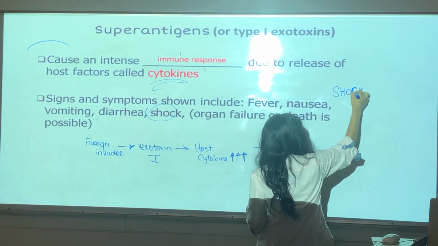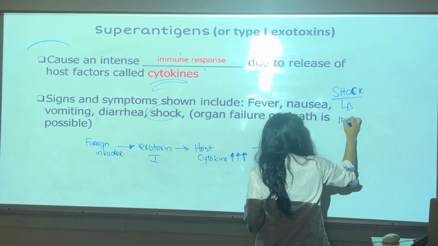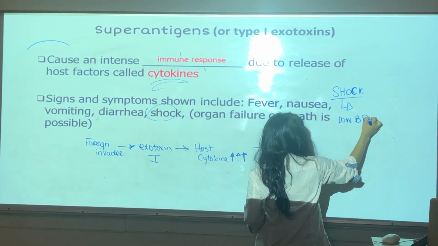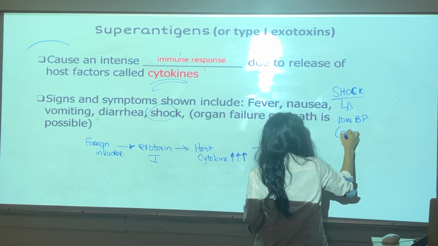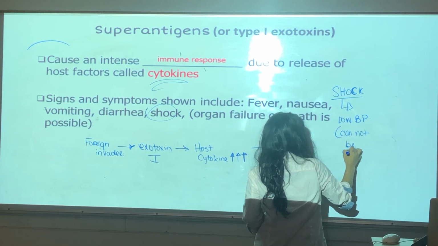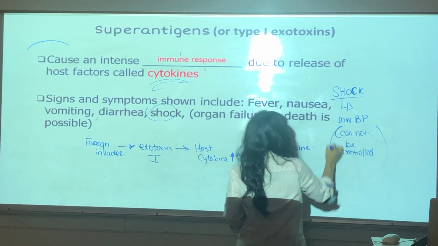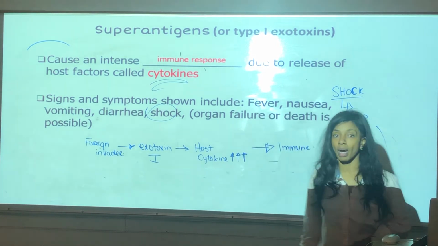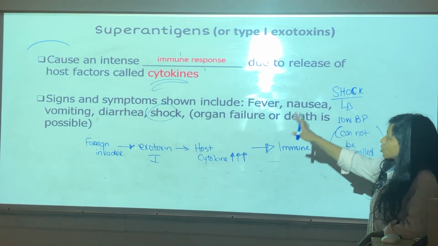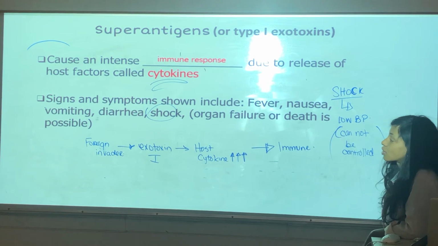Shock is low blood pressure that cannot be controlled. You cannot control your blood pressure any longer because these organisms are in your body. Shock is definitely not good, and then comes organ failure.